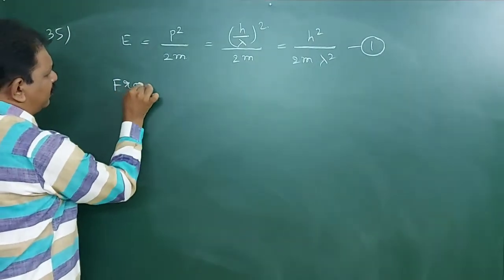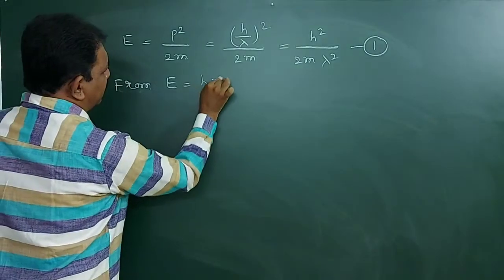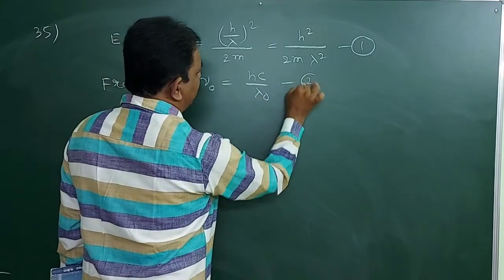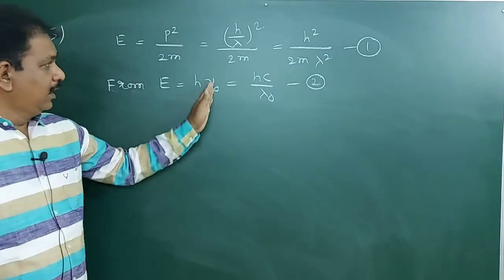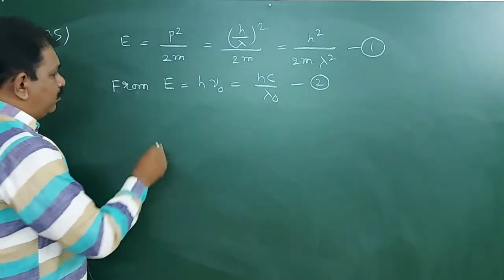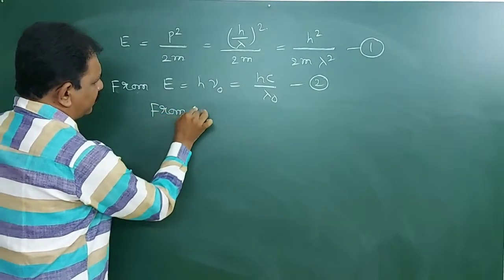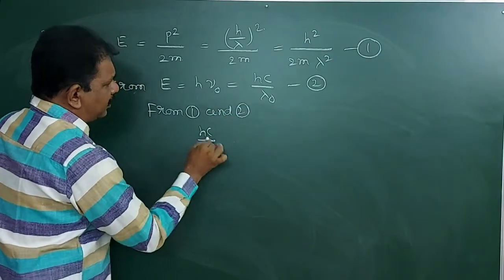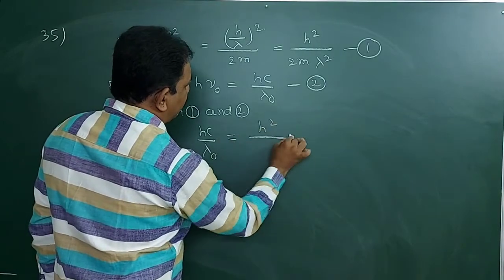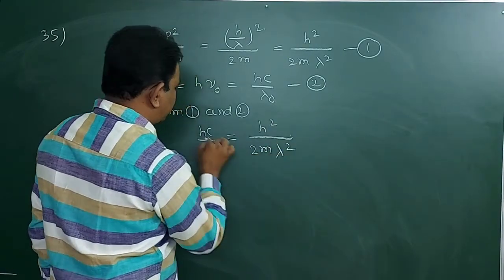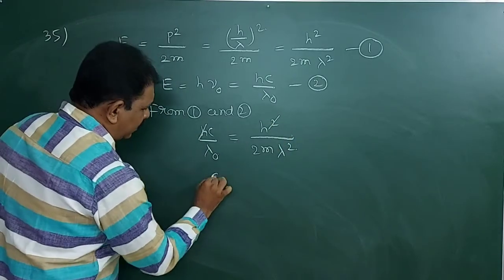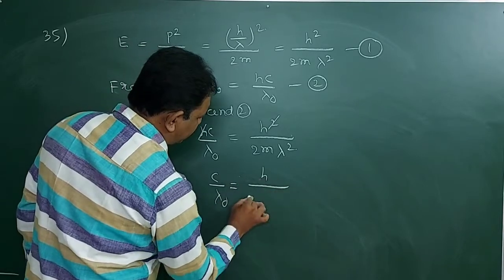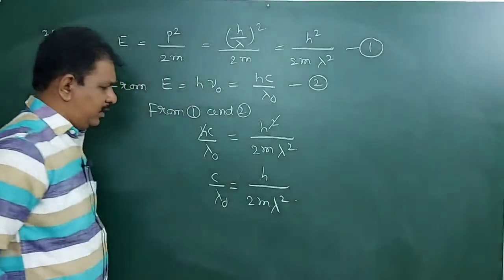Next, another formula for energy will be h nu naught, which we write as hc by lambda naught. Equate these two, from 1 and 2: hc by lambda naught equals h square by 2m lambda square. One h you cancel: c by lambda naught equals h by 2m lambda square.